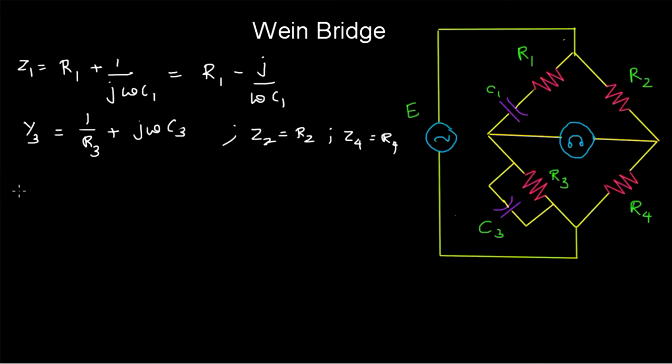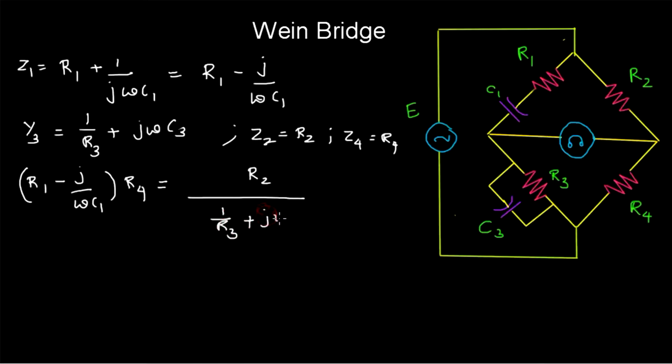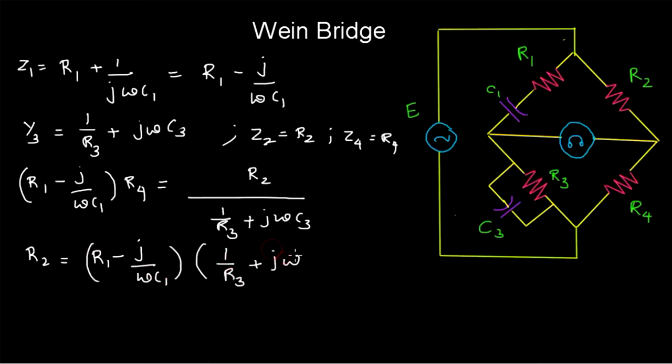Now let us write the bridge balance equation. We get (R1 minus j by omega C1) into R4 is equal to R2 by (1 by R3 plus j omega C3). Since we are considering the admittance, we have to write it like this. So from this equation we can write R2 equal to (R1 minus j by omega C1) into (1 by R3 plus j omega C3) into R4.